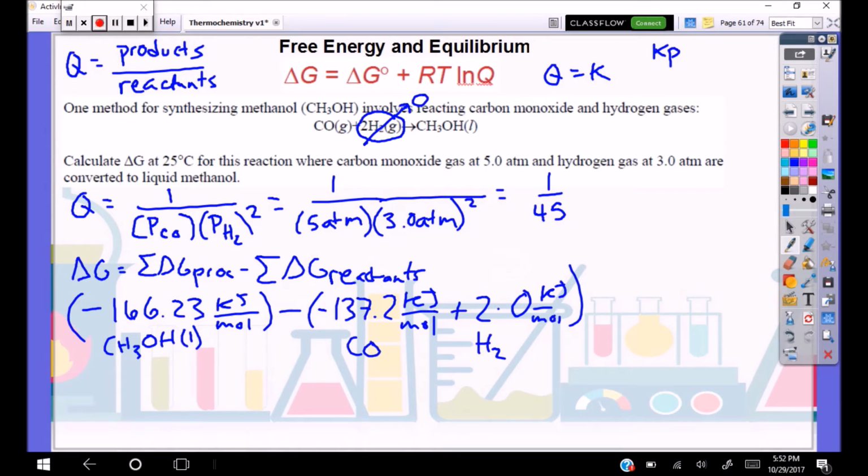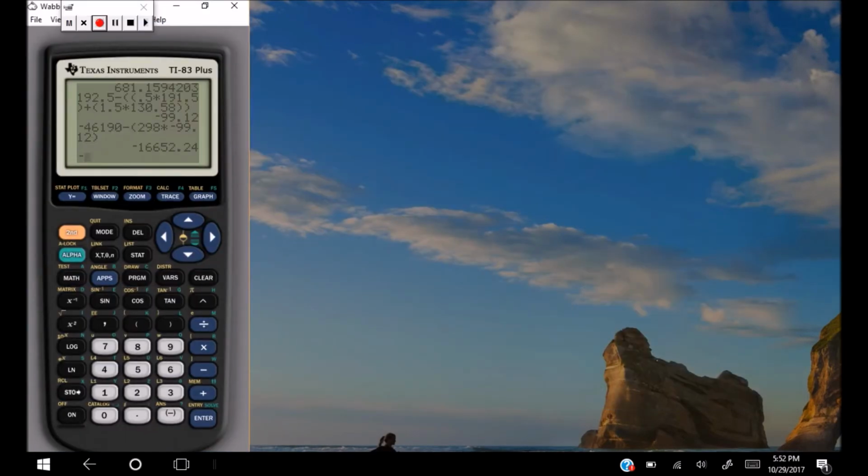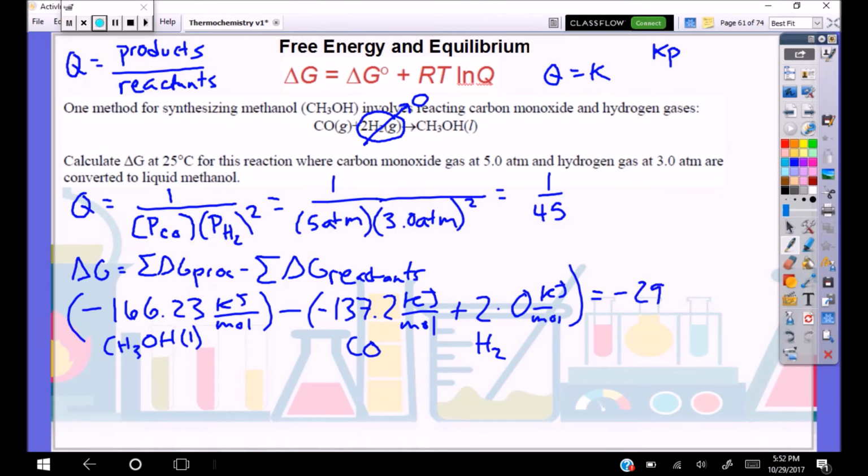Alright, so when we calculate that out, we get negative 166.23 minus, what was my number? Minus a negative 137.2. Alright, we get negative 29.03 kilojoules per mole, and this is delta G naught at the standard state.